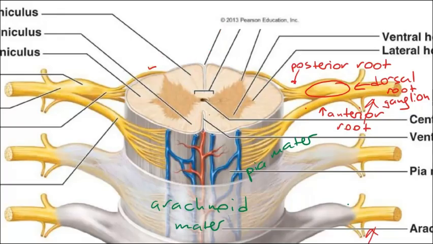I'll explain. So this arrow, and I'm going to give you the names. This is the dorsal median sulcus. Simply a groove, no functional importance. This chunk here, this is called the gray commissure.